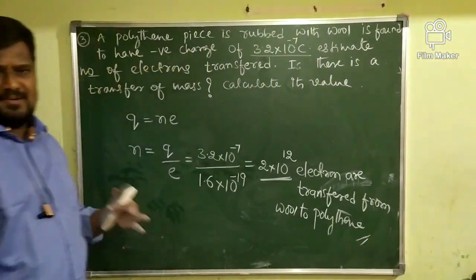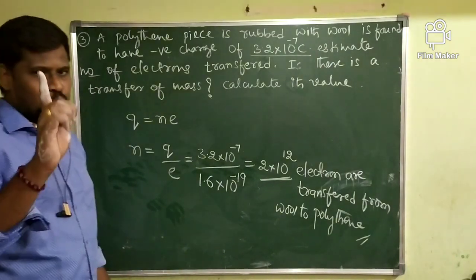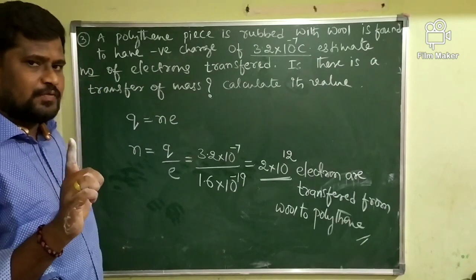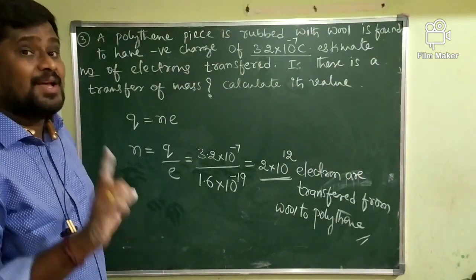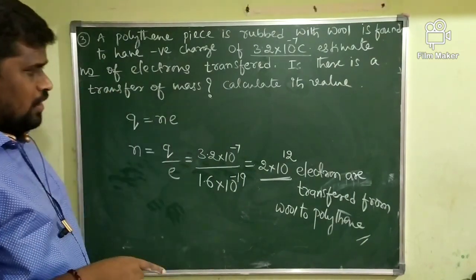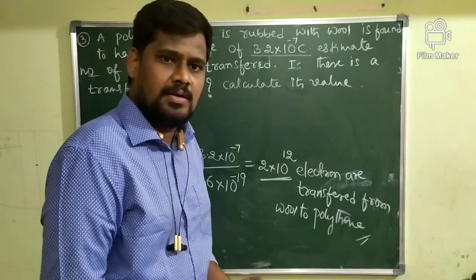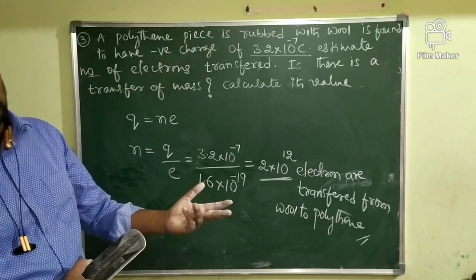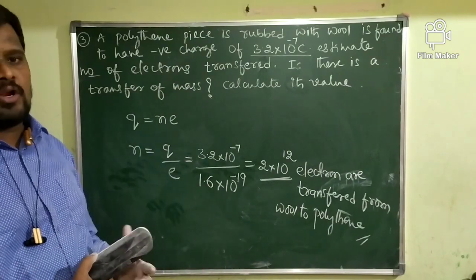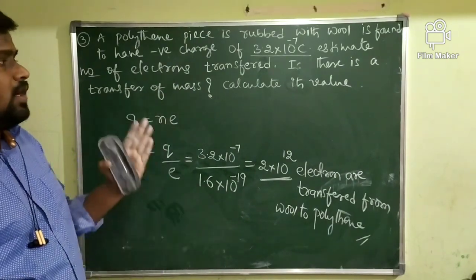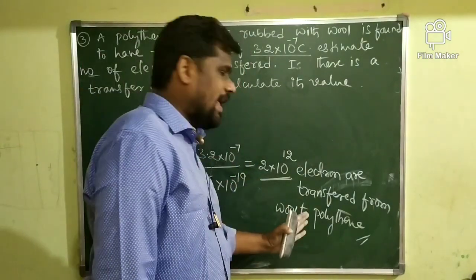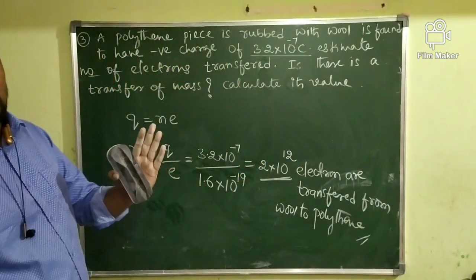How much is the mass transferred here? If one electron is transferred, how much is the transfer of mass? Mass of one electron. If two electrons are transferred, how much is the mass transferred here? Mass of 2 electrons. If n electrons are transferred, total transfer of mass should be equal to n times the mass of an electron.